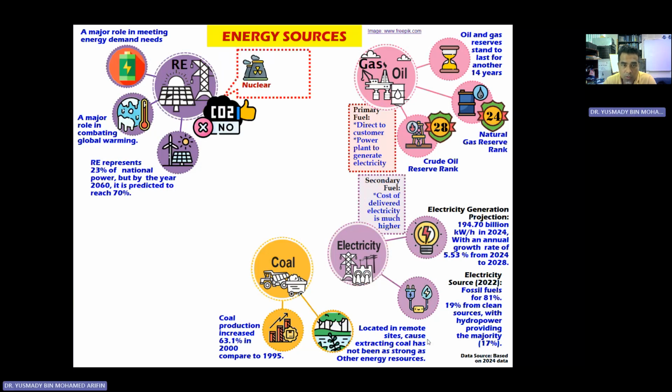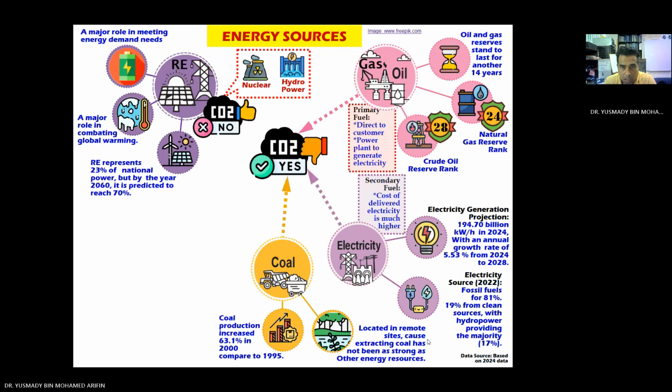The same goes for the nuclear power plant and also hydropower. However, for gas, oil, electricity, and coal, all these types of energy sources will produce CO2, which is not good for the environment.